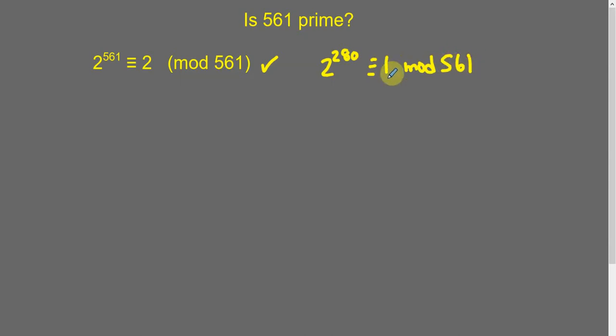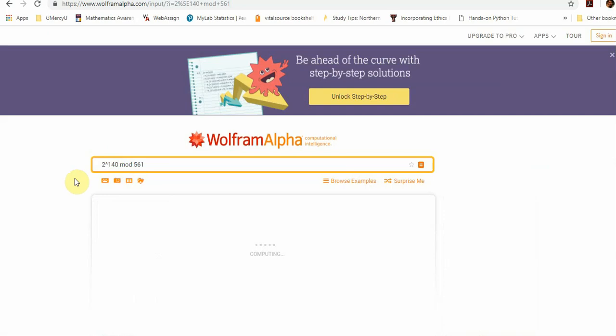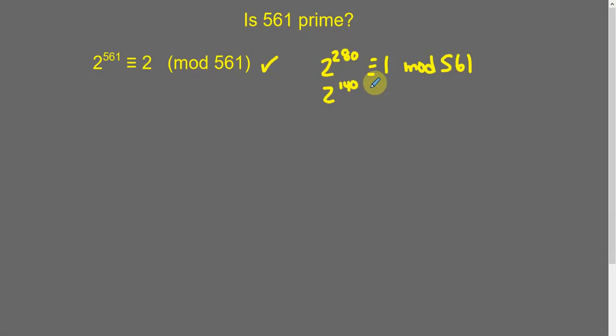However, because this is a 1, we can actually do another square root because this is even. So we can try 2 to the 140. And here we get 67. So that is a fail. So we now know that this is composite.